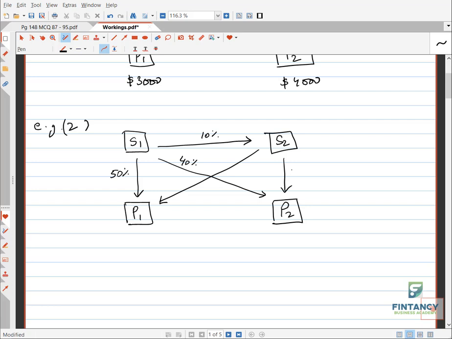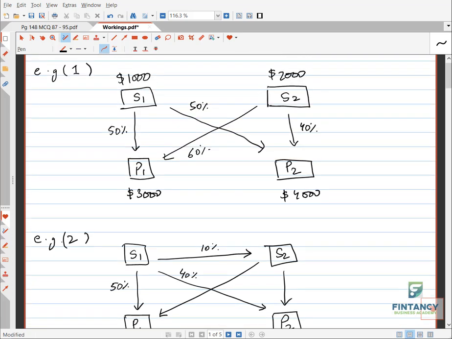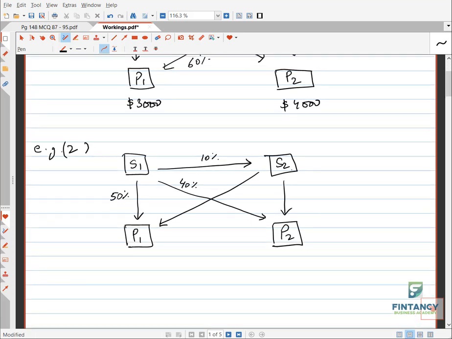And this one is the same as before. We had 40 and 60, right? So I will keep it the same, 40 and 60. So the only difference is that S1 is giving 40% to P2 and 10% to S2, right?